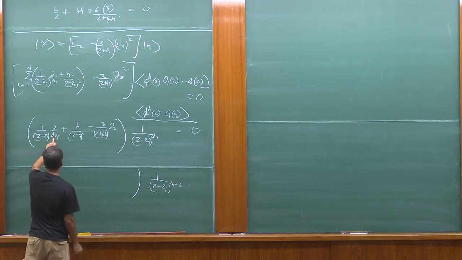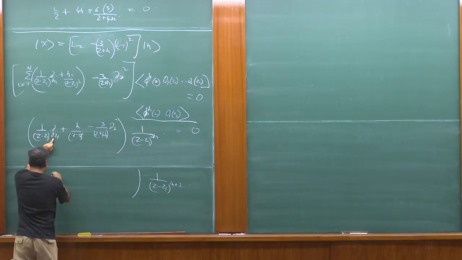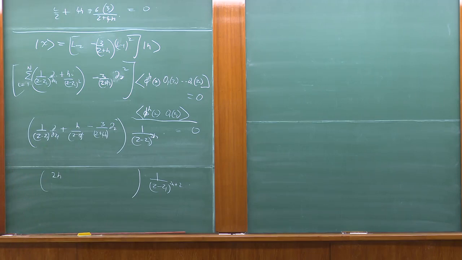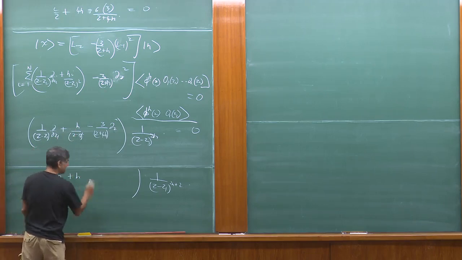So z minus z1, del by del z1 gives plus 2h. It would have given minus, but we're differentiating with respect to z1. This guy just comes with the factor that you see, so that's plus h.